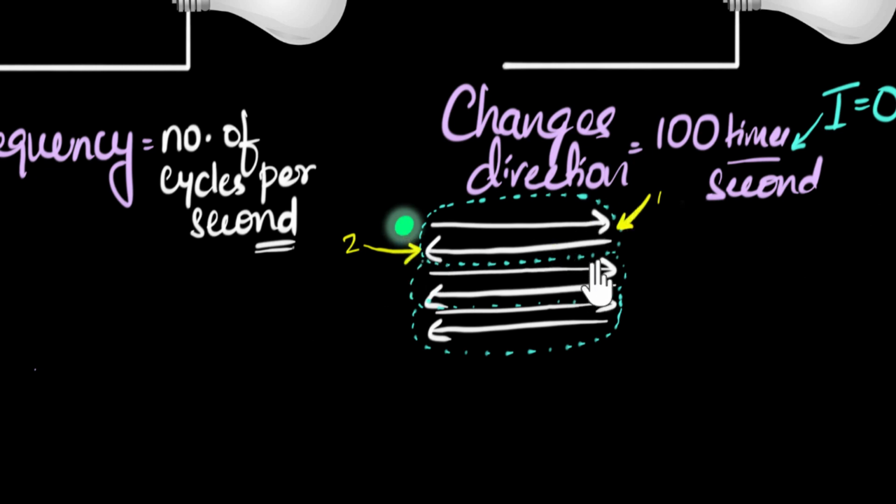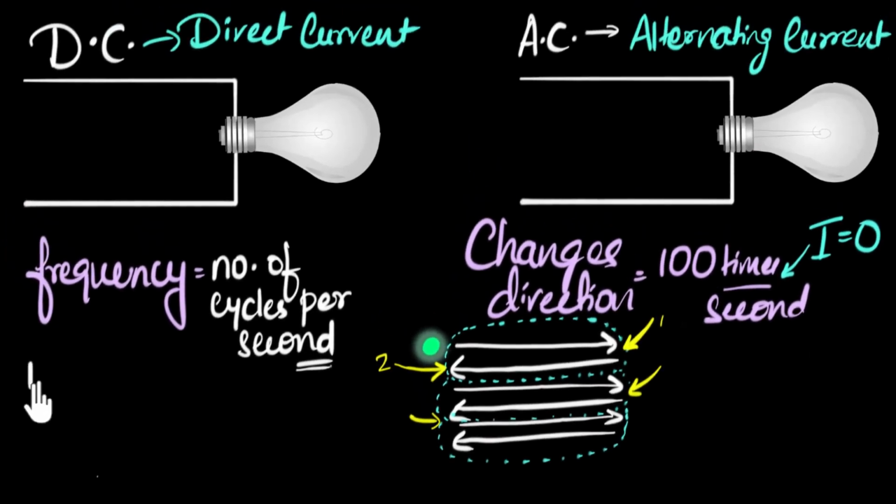That's important. The same is the case with the second cycle as well. It goes forward, whoop, changes its direction, goes back, changes direction, and gets ready for the next cycle. Then it goes forward, changes direction, goes back, changes direction. So in 1 cycle, the electron changes direction 2 times. Let's write that: 1 cycle, the electron changes direction 2 times.